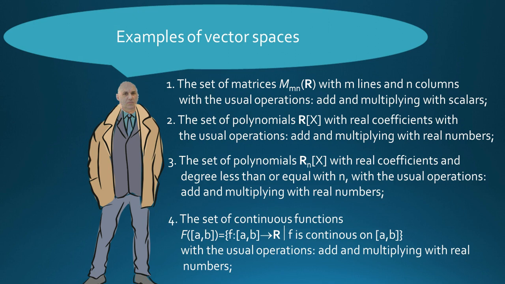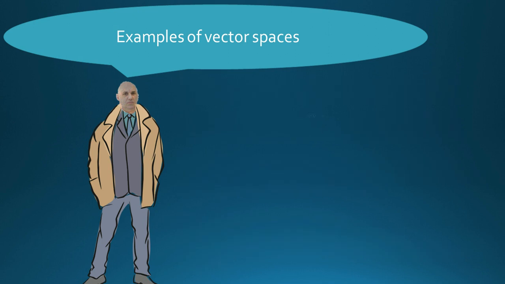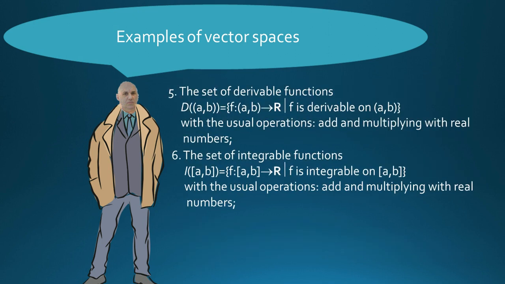4. The set of continuous functions C[a,b] equals the set of all functions f defined on [a,b] with values in R, where f is continuous on [a,b], with usual operations of addition and multiplying with real numbers. 5.